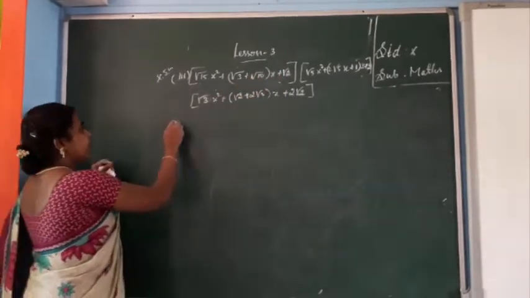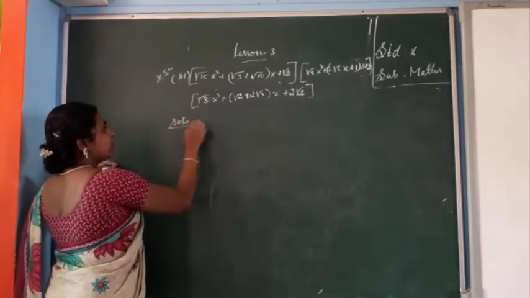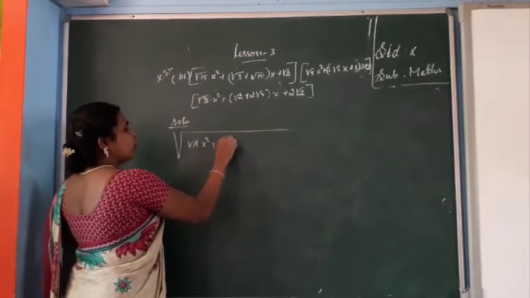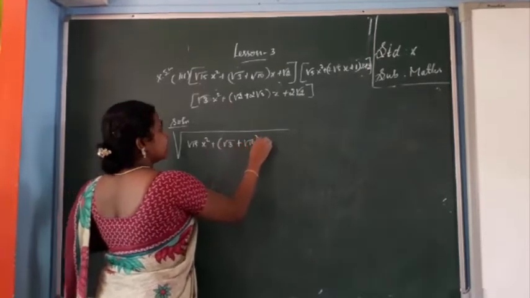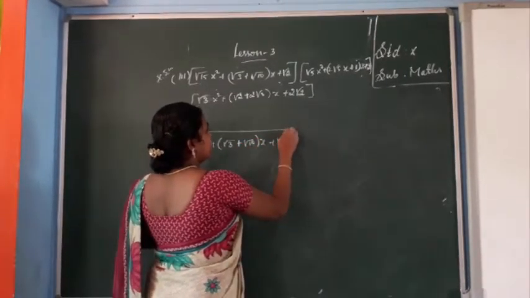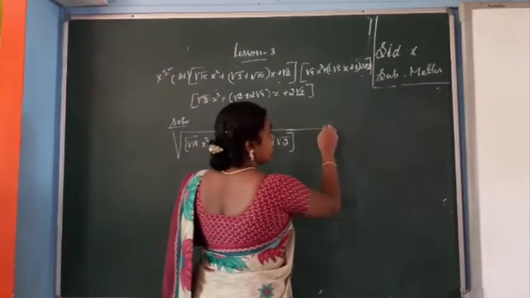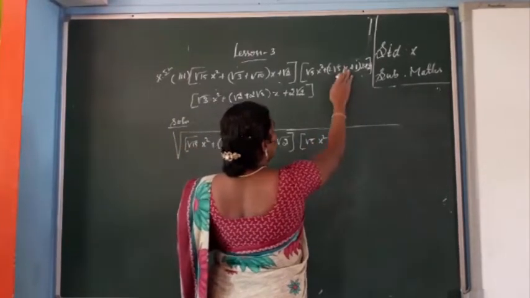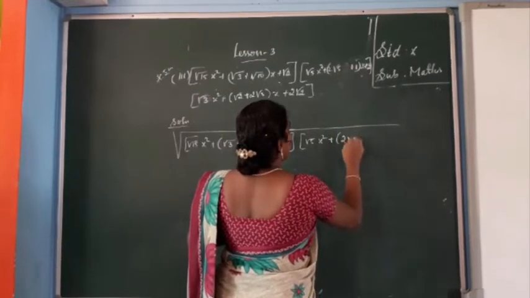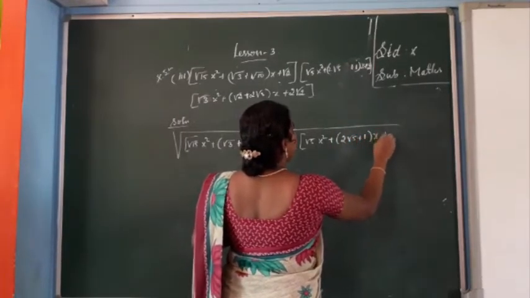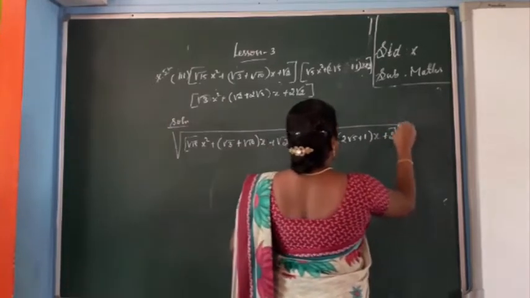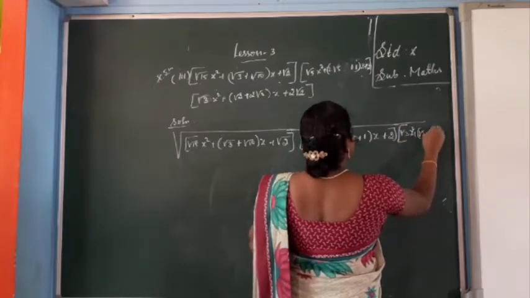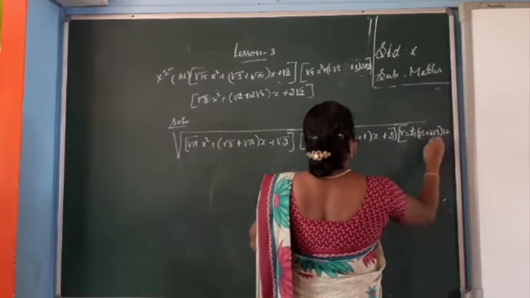You see, first I am going to write the question: square root of root 15 x square plus root 3 plus root 10 into x plus root 2, into root 5 x square plus 2 root 5 x plus 1 into x plus 2, next into root 3 x square plus root 2 plus 2 root 3 into x plus 2 root 2.